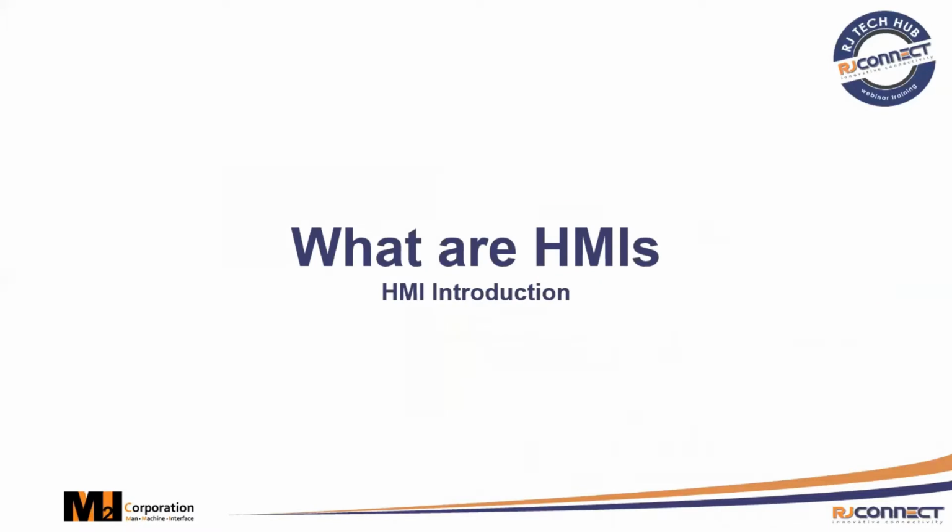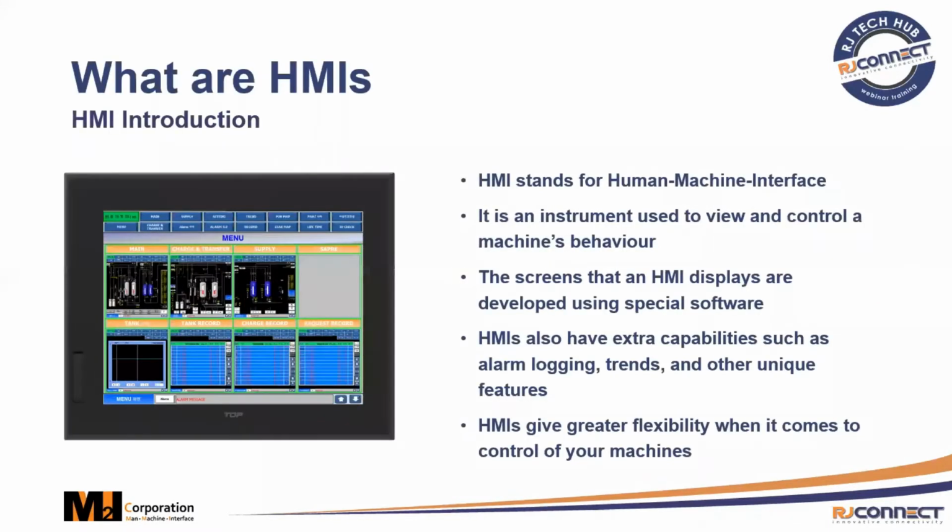So that's why we need HMIs, because HMIs give us a lot more flexibility in designing our control system to control our machines or plants. So HMI stands for human-machine interface. It's an instrument used to view and control a machine's behavior.